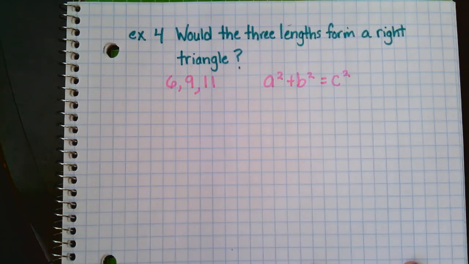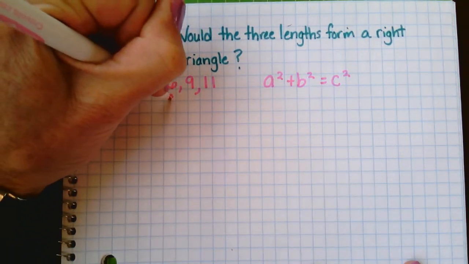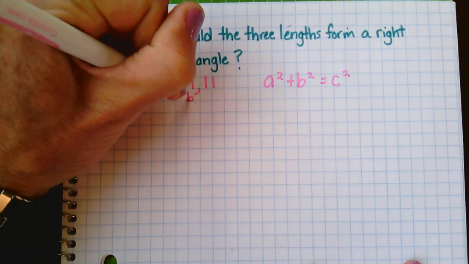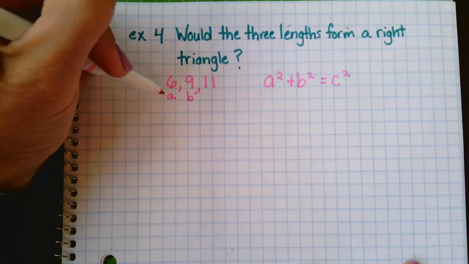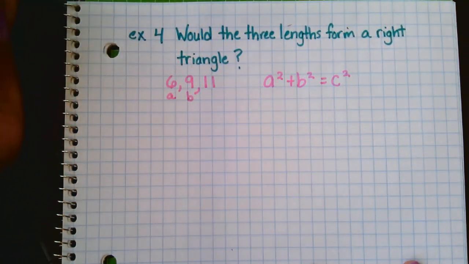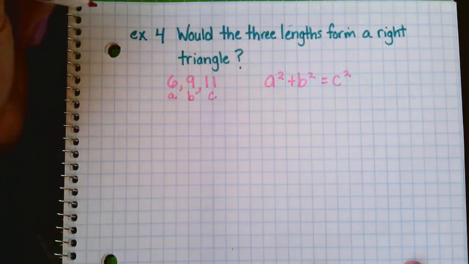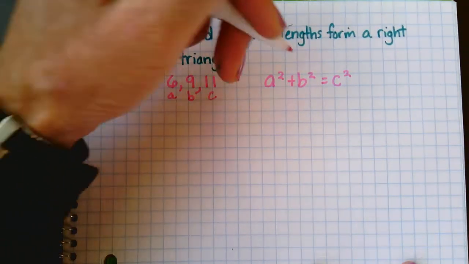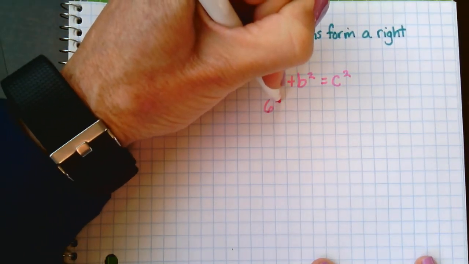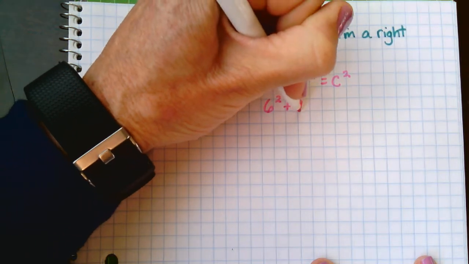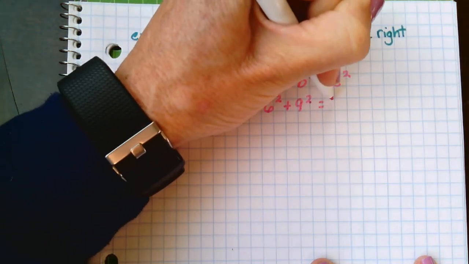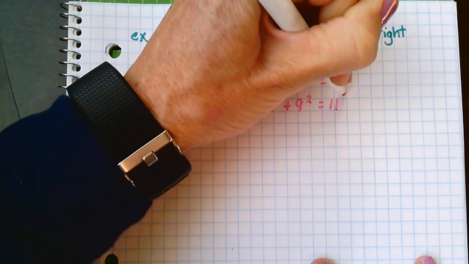So let's plug these numbers in. I'm going to substitute 6 in for A, 9 in for B. Remember, A and B are always the 2 shortest sides, and 11 in for C. So 6 squared plus 9 squared equals 11 squared.